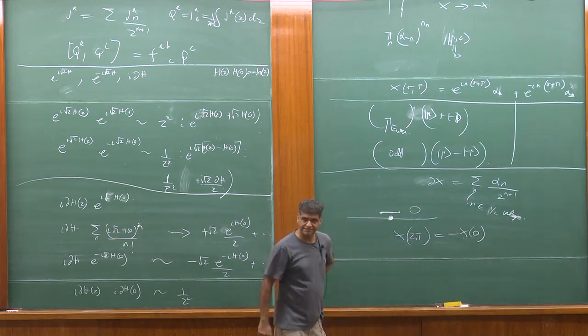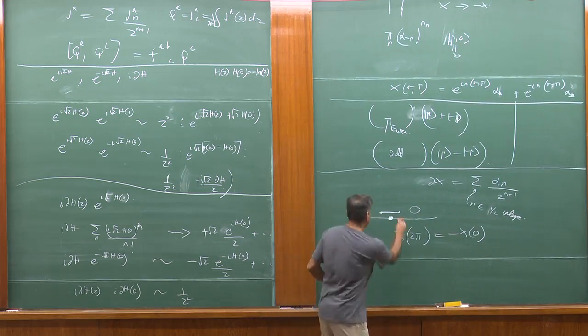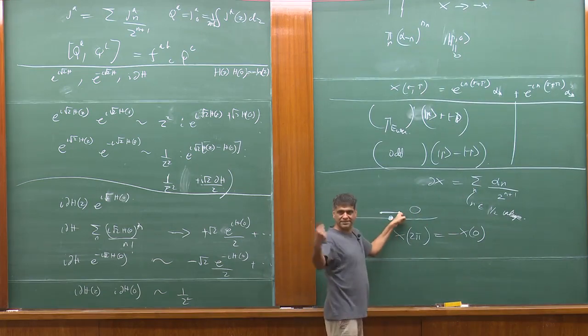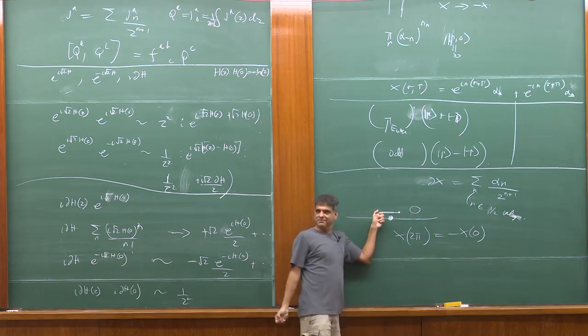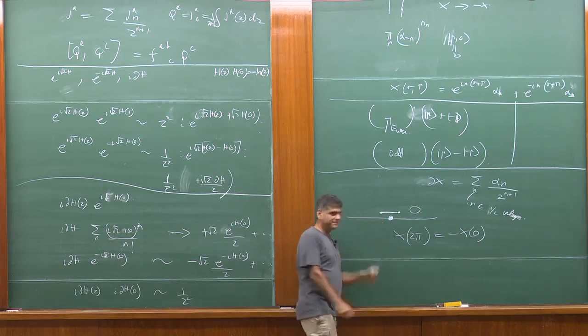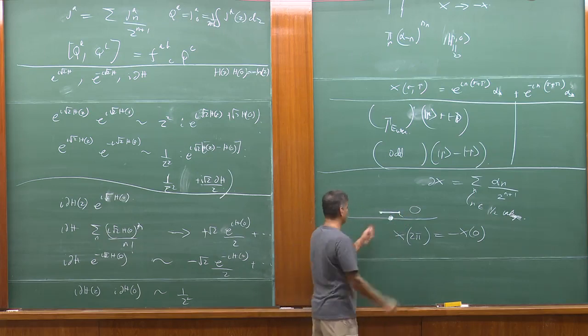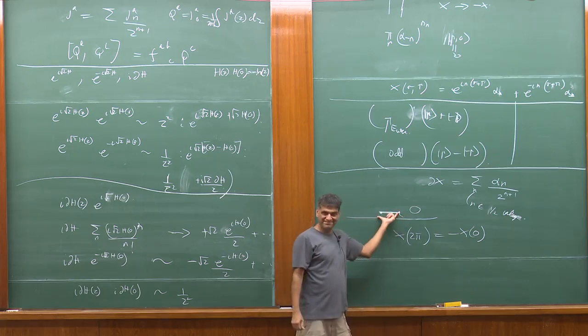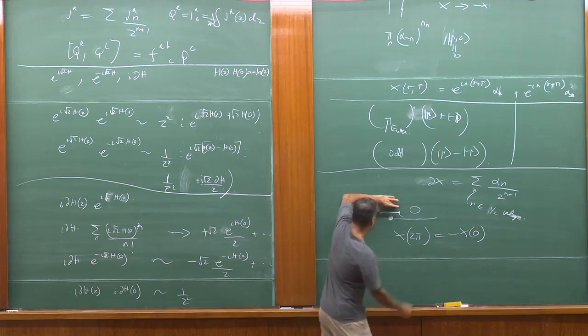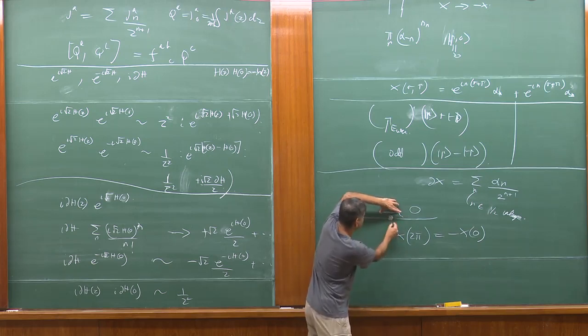Is this clear? Okay. So this is x of 0, the beginning of the string. This is x of 2 pi. It's the end of the string. The string is going from here to minus its beginning point; the beginning point and end point are related by a minus sign. So because of that, the string always has to stick around the origin.